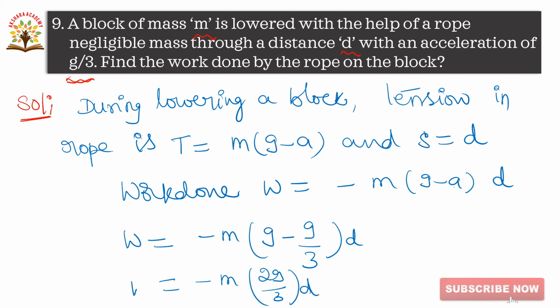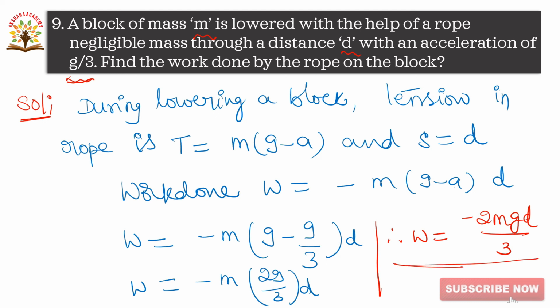So therefore the work done by the rope W is equal to minus 2mgd by 3. This is the work done by the rope on the block. Okay, next we'll go to the next question.